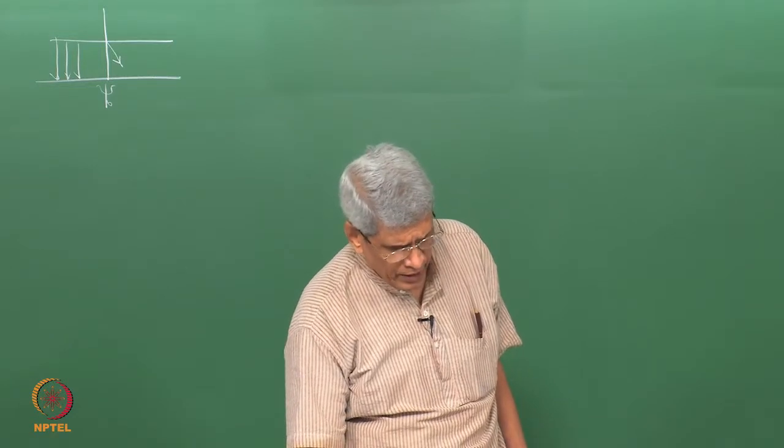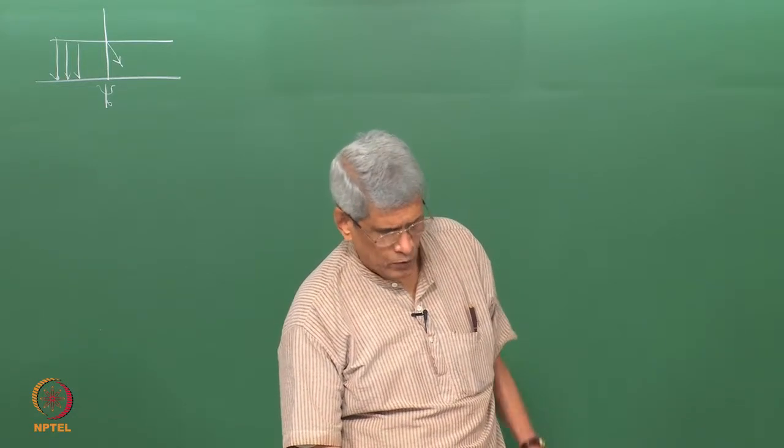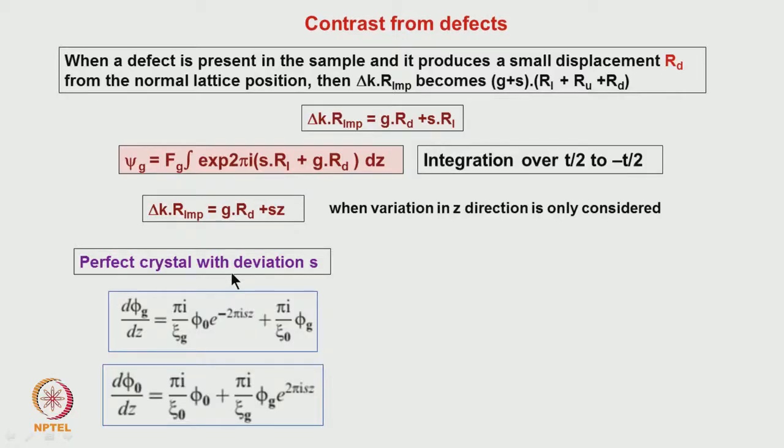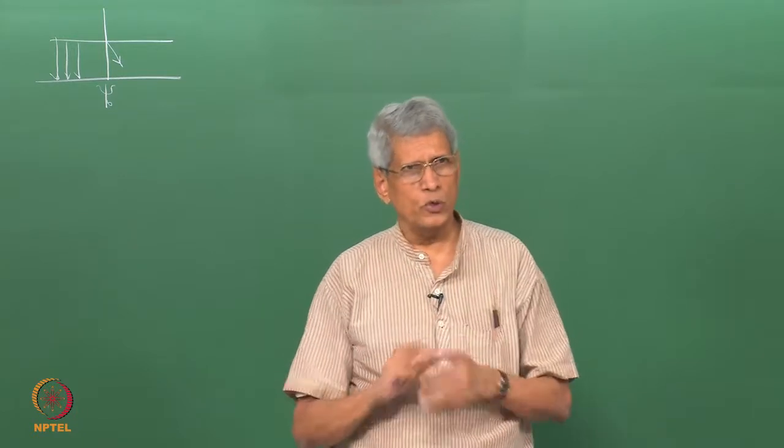Now, that is what we will be employing here to look at the intensity. This is with respect to kinematical theory. Under dynamical theory, what we considered is that the electron beam interacts strongly with the material. Especially at Bragg condition, both the diffracted beam as well as the transmitted beam contribute to each other.